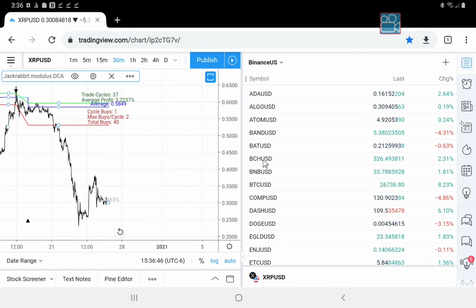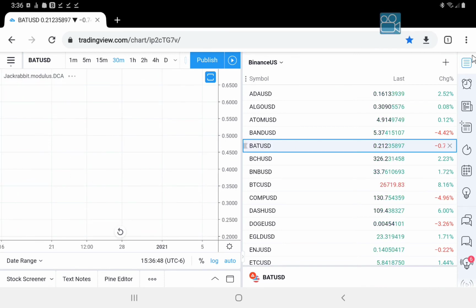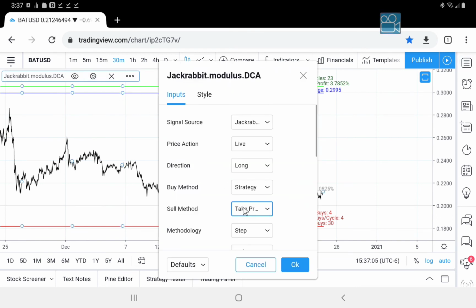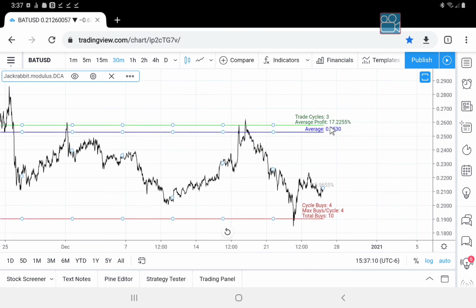There are a lot of coins that are just not that good for long-term exposure. For example, BAT is a notorious coin for long-term exposure. It can be very difficult to work with. As you can see, 3 trade cycles for sell by strategy with a 70% profit.